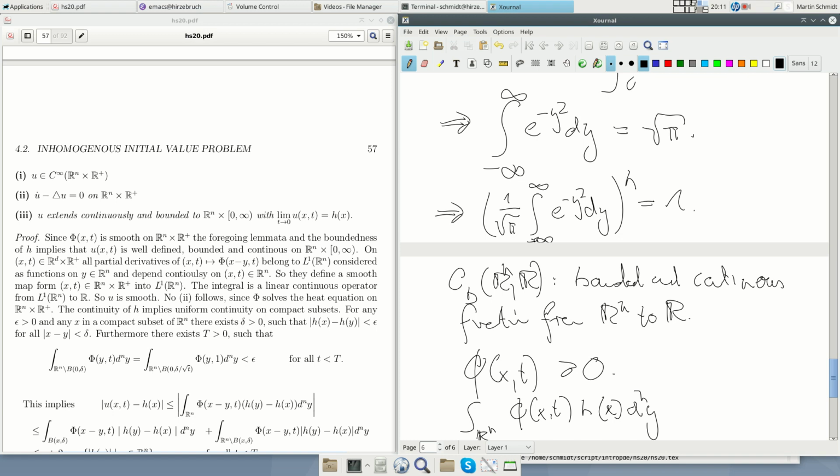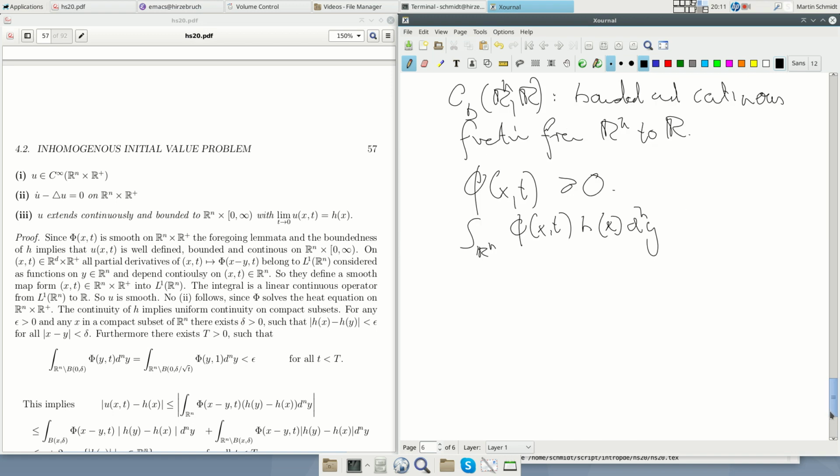If h is bounded in absolute value, we estimate this by the supremum norm times the integral of phi of x,t dnx.